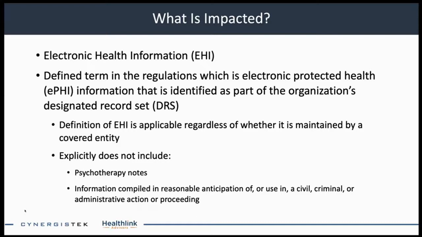And so that EPHI and DRS are both terms that are defined in the HIPAA regulations. And that definition is applicable regardless of whether the information is maintained by a covered entity. So again, I think that's an important distinction for people to remember, and we'll talk a bit more about why that's important in a few slides.